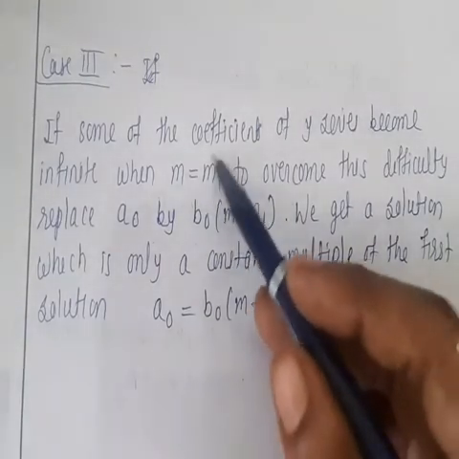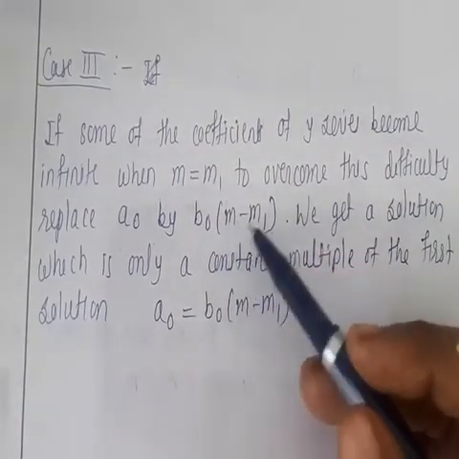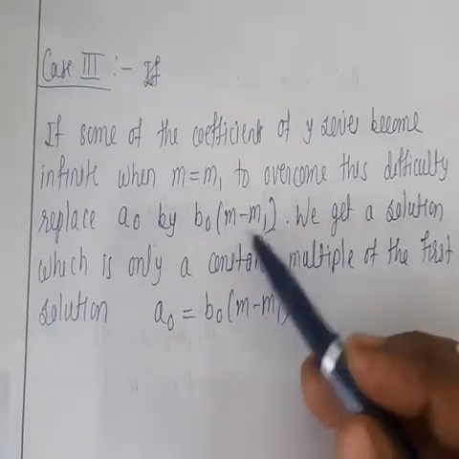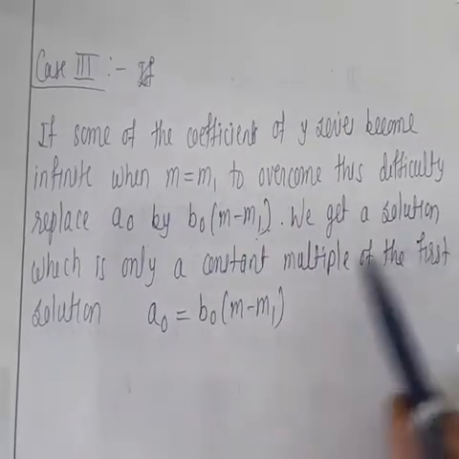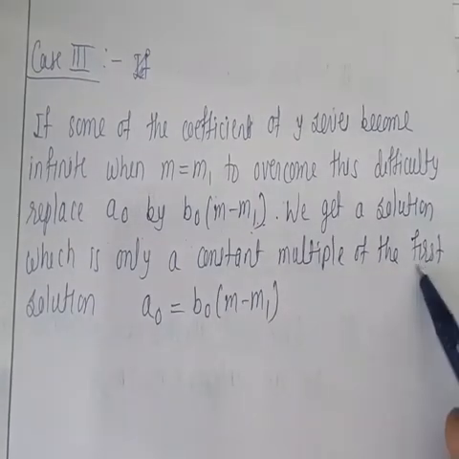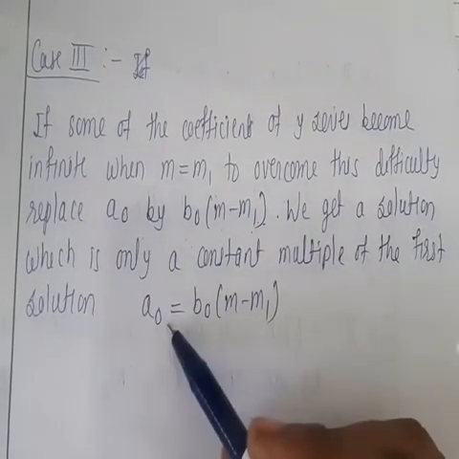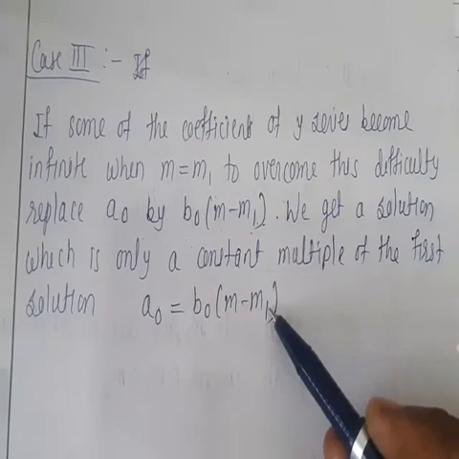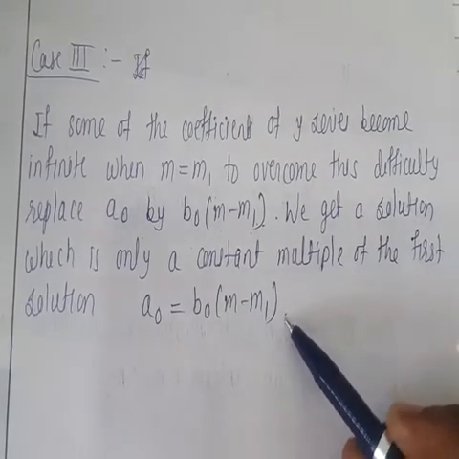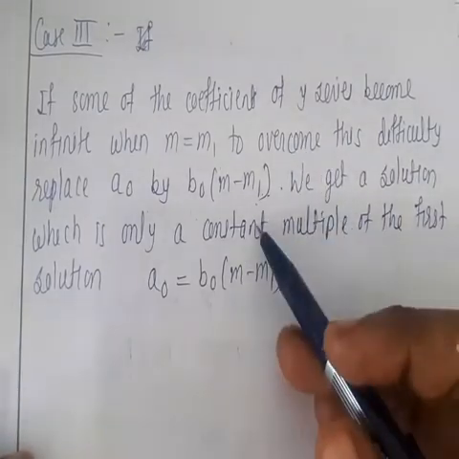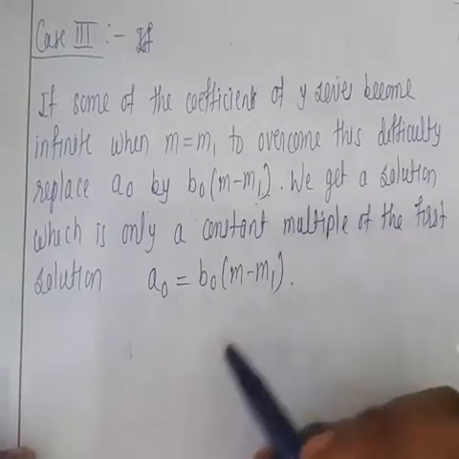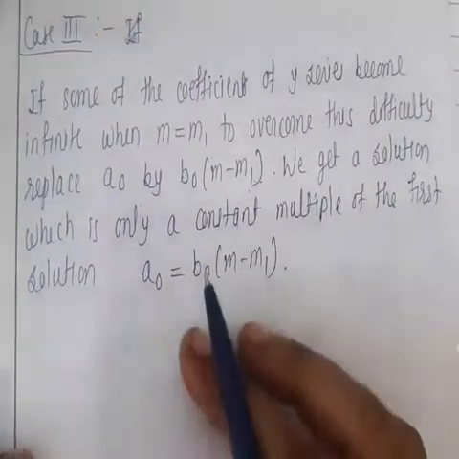Means we replace that root by m minus that root, multiplied by some constant. So we get a solution which is only a constant multiple of the first solution, that is a0 is equal to b0 into m minus m1. So the writing method is the same; only if there are some terms which go up to infinity, at that time we will do this substitution.